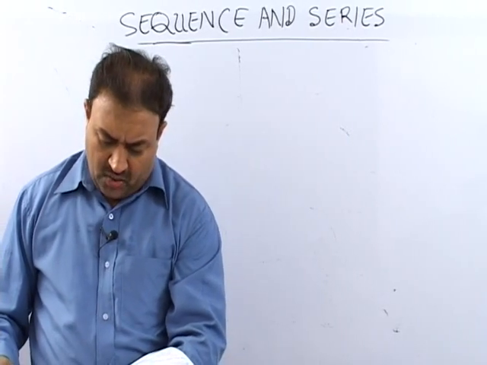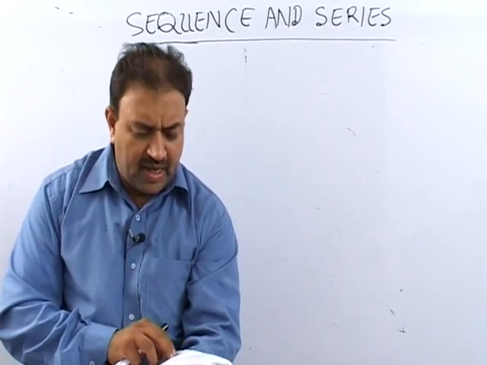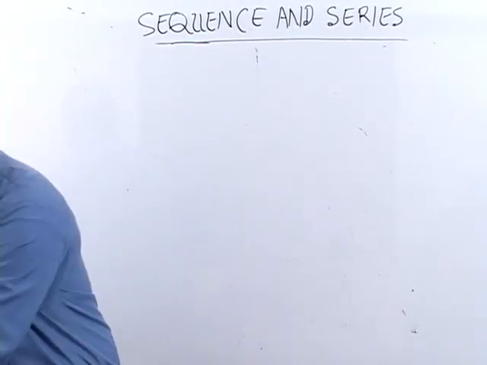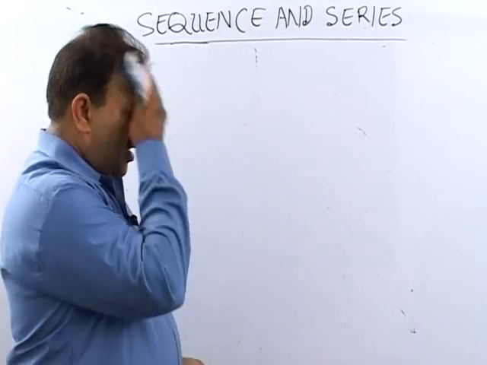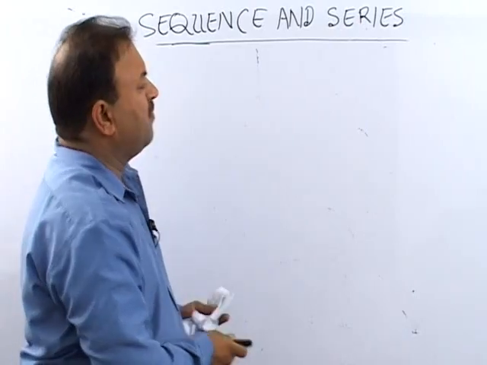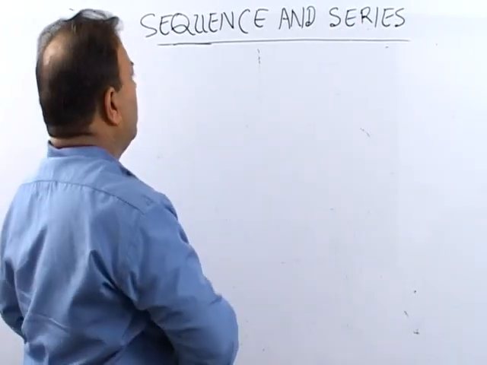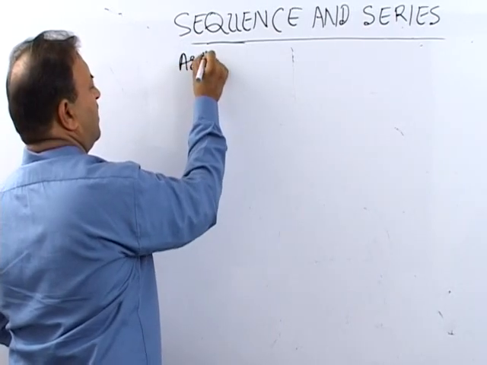Now I am coming to the next topic of arithmetic progression, that is arithmetic mean. First I will explain what arithmetic mean is and how many arithmetic means are possible between any two numbers. So the new topic, the last topic of arithmetic progression, is arithmetic mean.